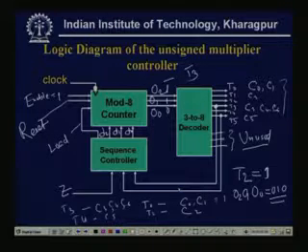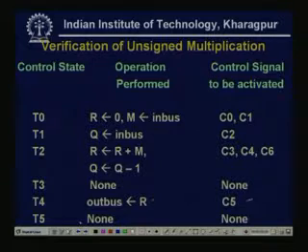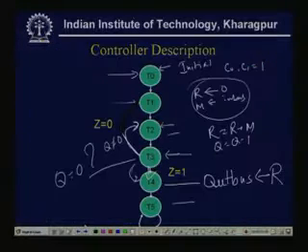Now, similarly from the controller state diagram, if the present state is T5, the next control state is also T5. The SC, the sequence controller, must generate the outputs L equal to 1 and D2, D1, D0 as 1, 0, 1. So, the SC truth table shows these out of sequence counts.